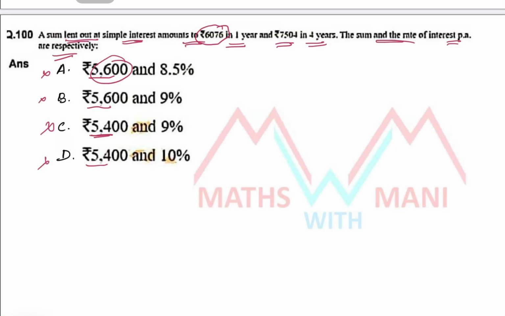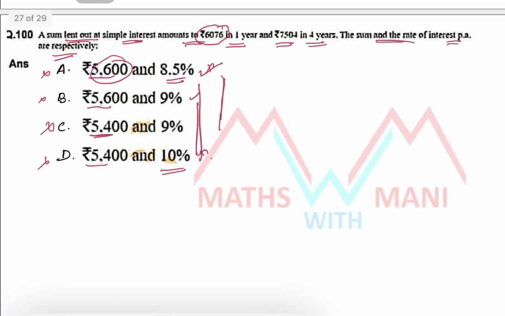If I find out the rate of interest, if I get the rate of interest as 9%, then I can eliminate these two options. If I get the rate of interest as 8.5 or 10%, then I can definitely eliminate all other three options. If I get 8.5, I can eliminate these three options. If I get 10%, these three options are eliminated.